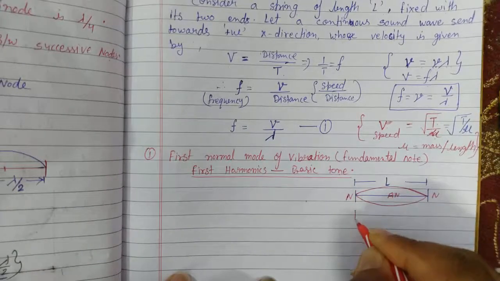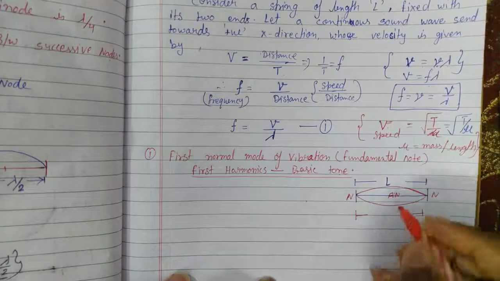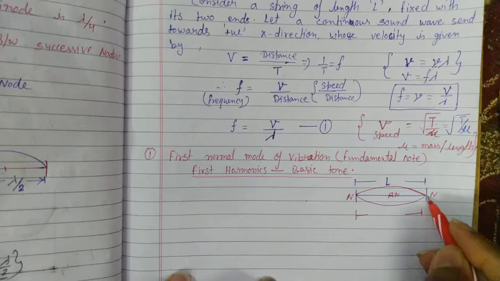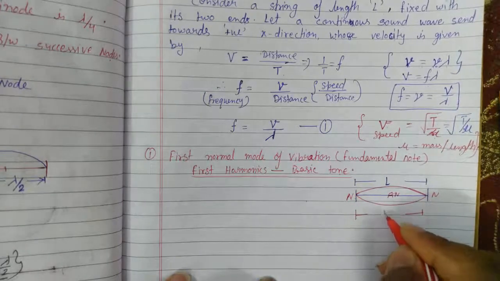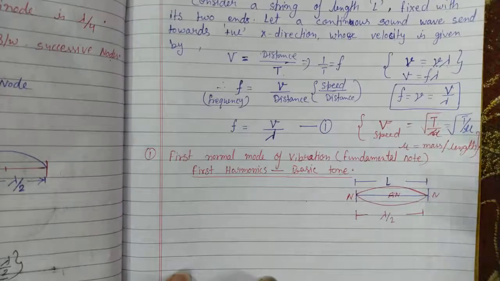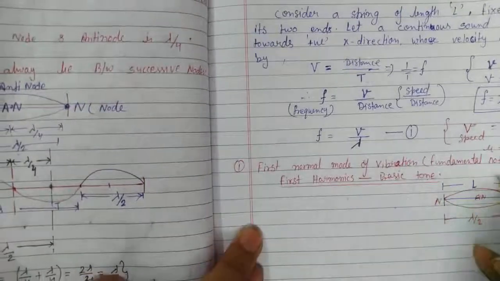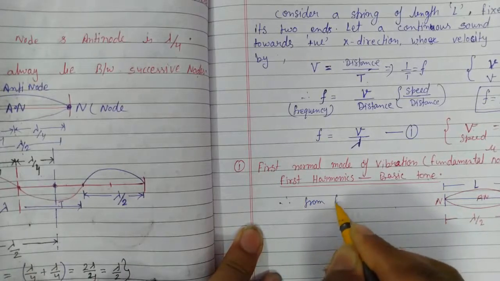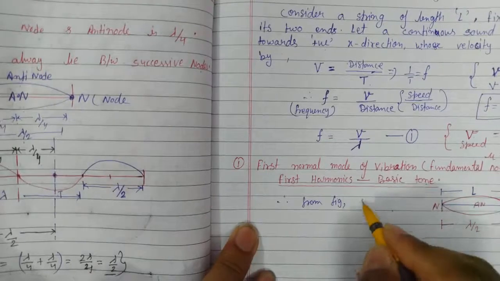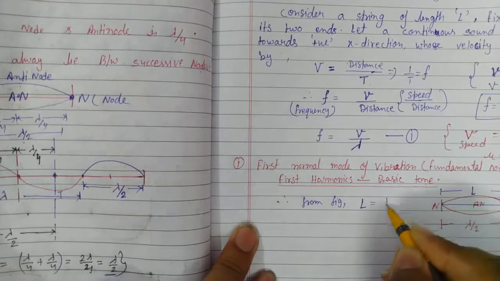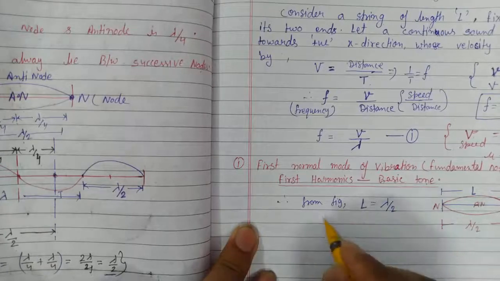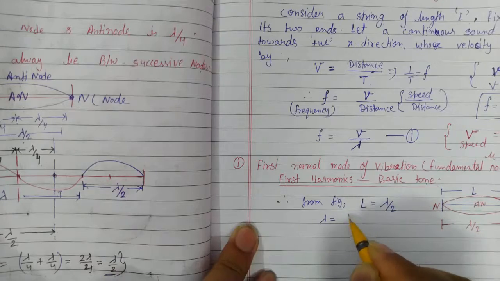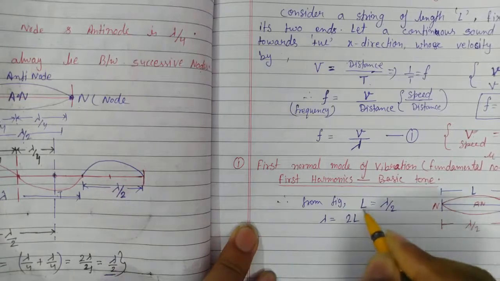Now the distance from one node to another node is lambda by 2, as we learned in the characteristics. Therefore we compare the length from the figure. From the figure, the length of the string in terms of lambda is lambda by 2. From here we calculate the value of lambda, which is 2L, by multiplying by 2.